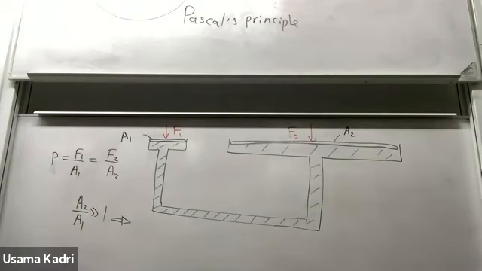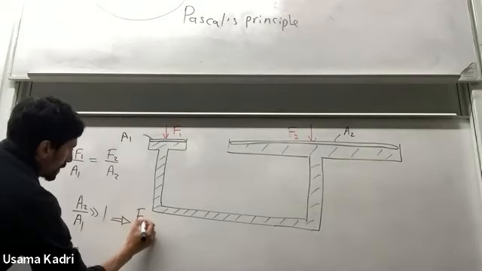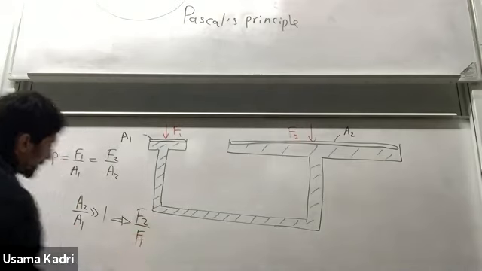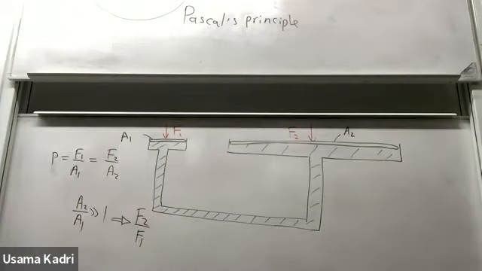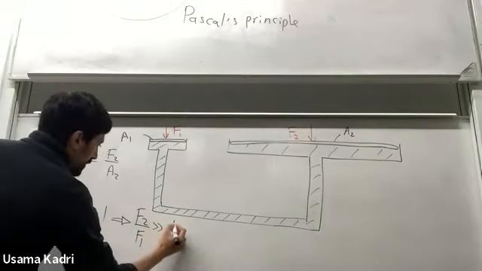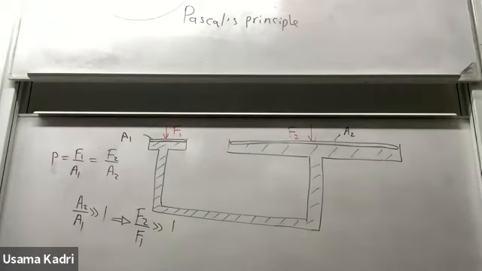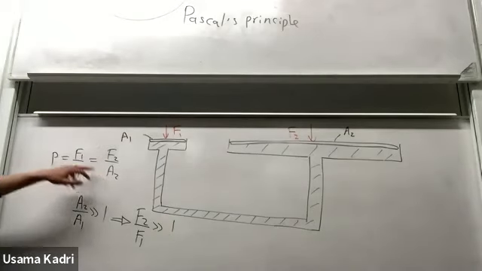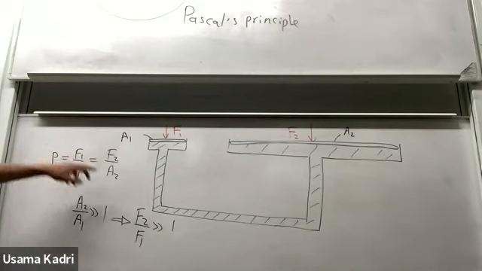That F2 over F1 should be much, much larger than 1. You see, in fact, it's the same ratio, right? A2 over A1 is equal to F2 over F1.